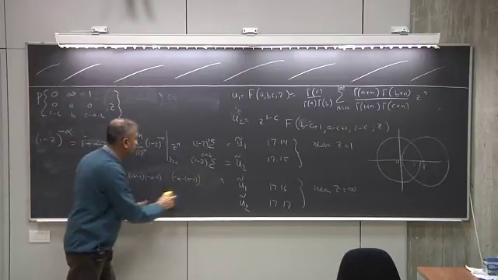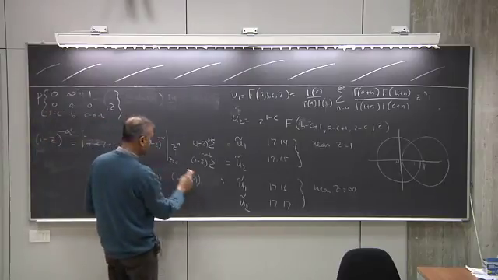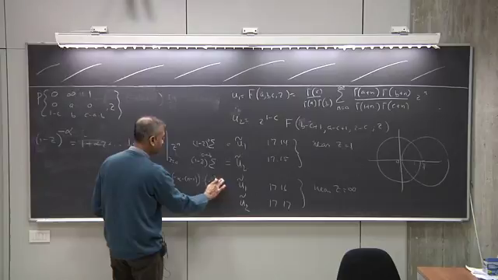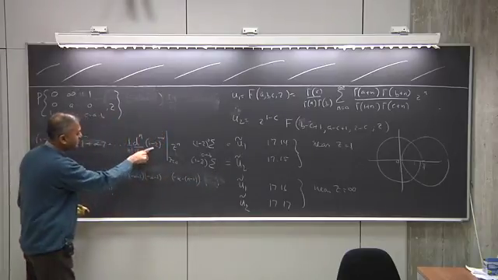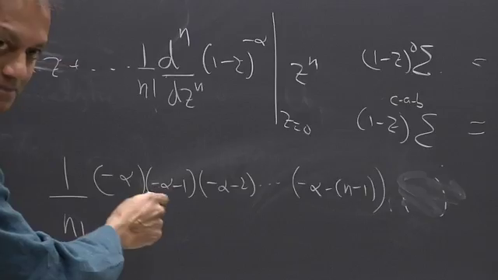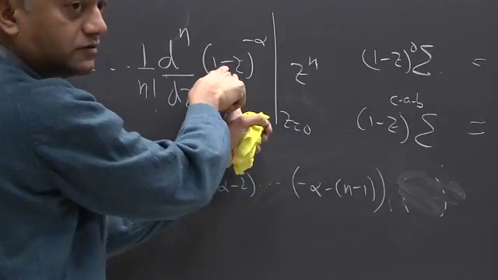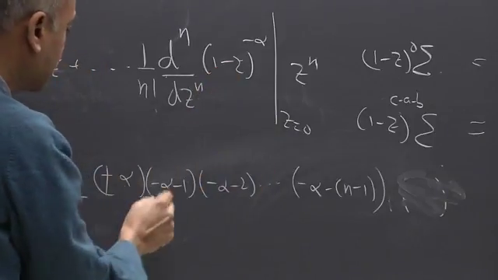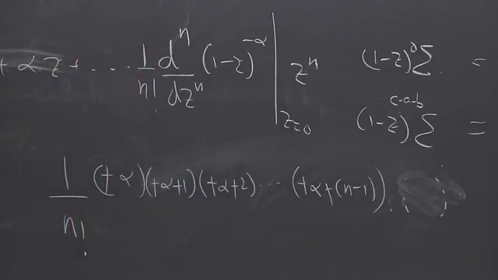So that is this coefficient times Z to the n. Actually, each of these factors is plus. When I take a derivative, I get a minus alpha, but then I have to take the derivative of 1 minus Z, so it becomes plus. So each of them is plus finally. That's what you get, times Z to the n.